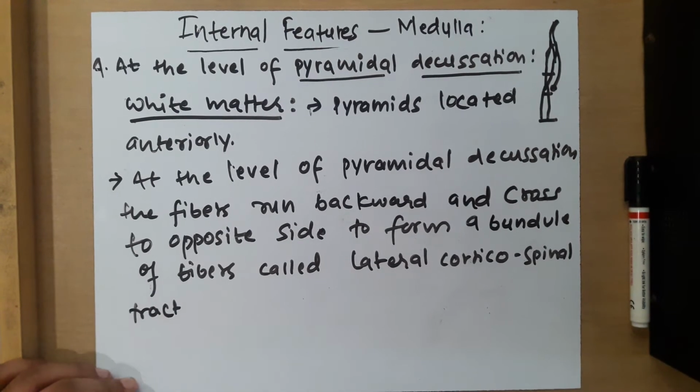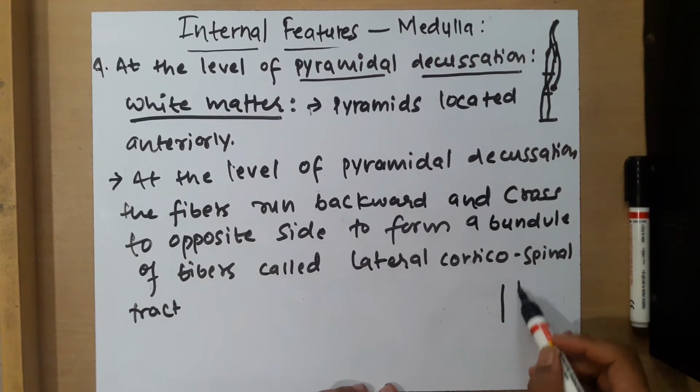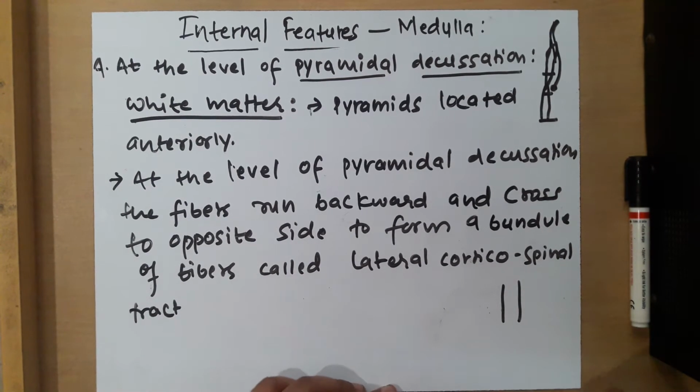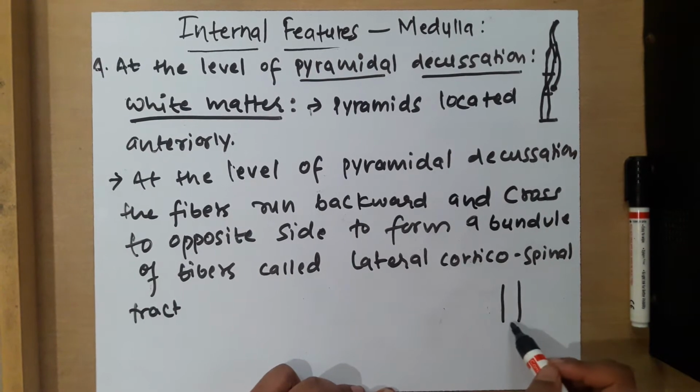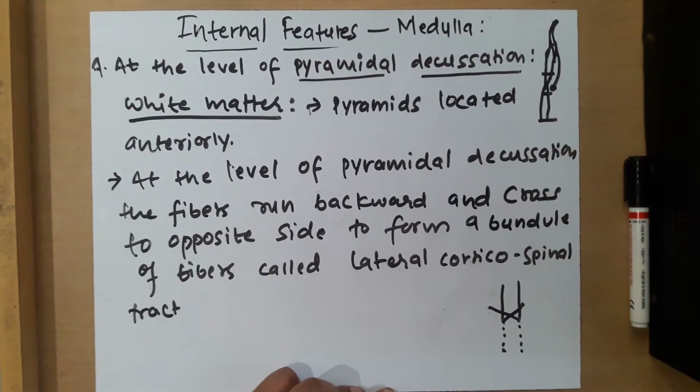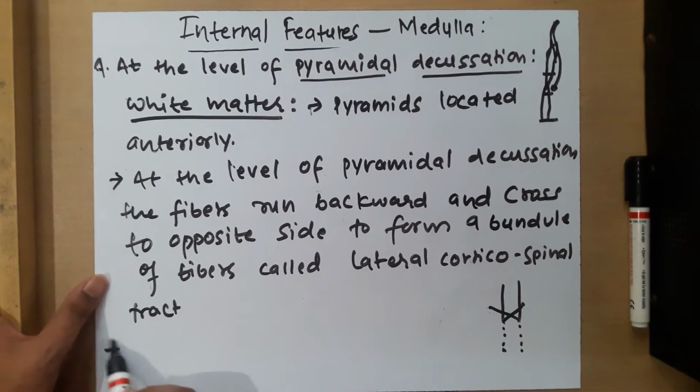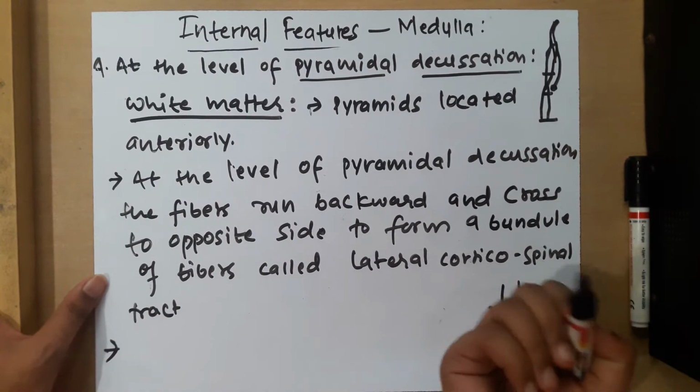Okay, and it is not necessary that all the fibers coming through the pyramids at the level of pyramidal decussation will decussate. It is not compulsory. Some of the fibers run anteriorly, and these fibers are known as anterior corticospinal tract.